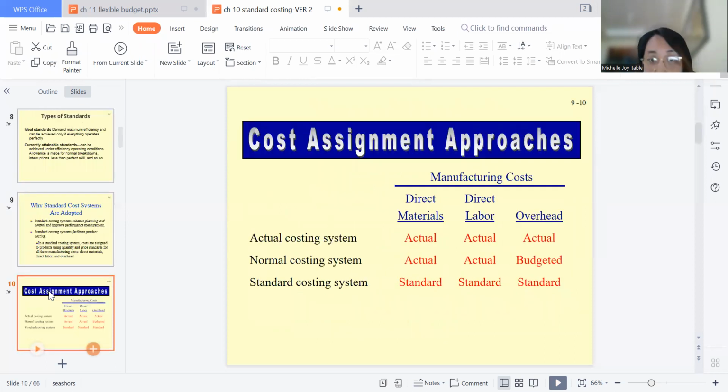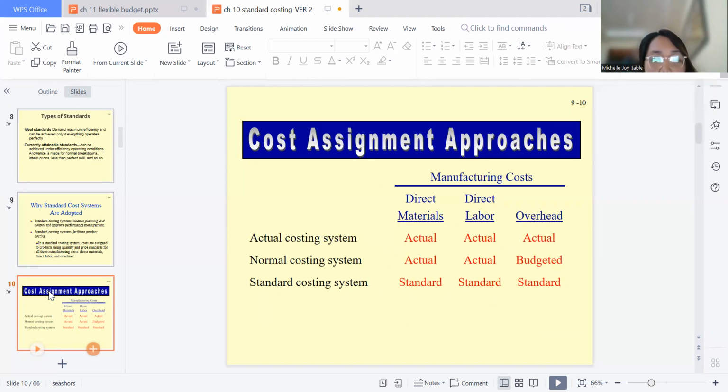Okay, cost assignment approach. We have already discussed this in the past. We have three cost assignment approaches, but two of them we already discussed. Now we are on standard costing. In an actual costing system, we have direct materials, direct labor, and overhead, all of them actual. In a normal costing system, direct materials and direct labor are actual, and overhead is budgeted.